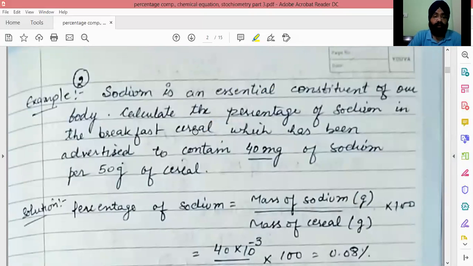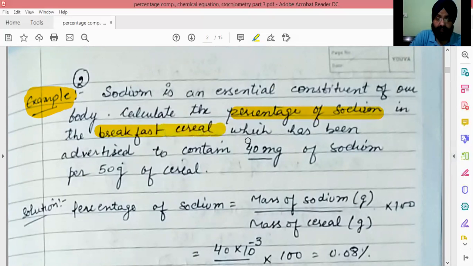Now, there is a numerical problem. This is how you will get the questions in the examination. Sodium is an essential constituent of our body. Calculate the percentage of sodium in breakfast cereal which has been advertised to contain 40 mg of sodium per 50 gram of cereal.